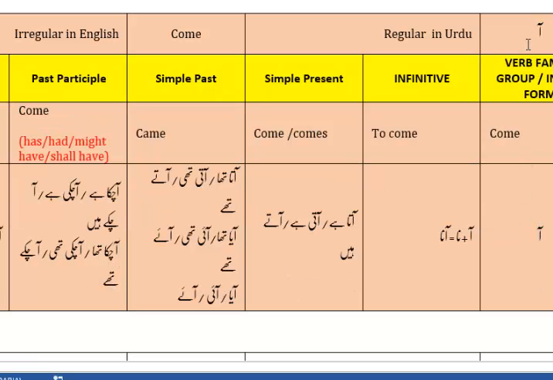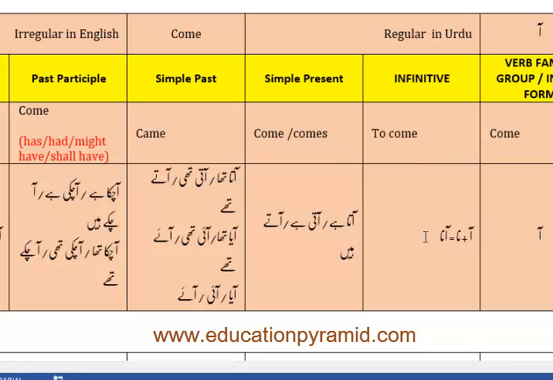The initial form of the verb meaning come, the infinitive form, that is the form of the verb without a relationship with time period, is ana. But when we are explaining the verb with respect to time, then either it is the simple present, आता है, आती है, आते हैं, as we have seen in present indefinite tense, or simple past like आता था, आती थी और आते थे, as we have seen in past indefinite tense.